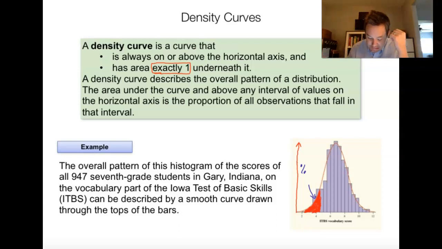So whatever that percent is that I shaded there would represent the percent of students that got the scores on that interval. So let's pretend that that's maybe 15%. And I'll say that, let's say I stopped at like 4.5. Then I could say that 15% of those students scored between 2 and 4.5 on the vocabulary part of the Iowa Test of Basic Skills. Okay? And so, as we said, the total area is 1, and that represents 100% of the data.